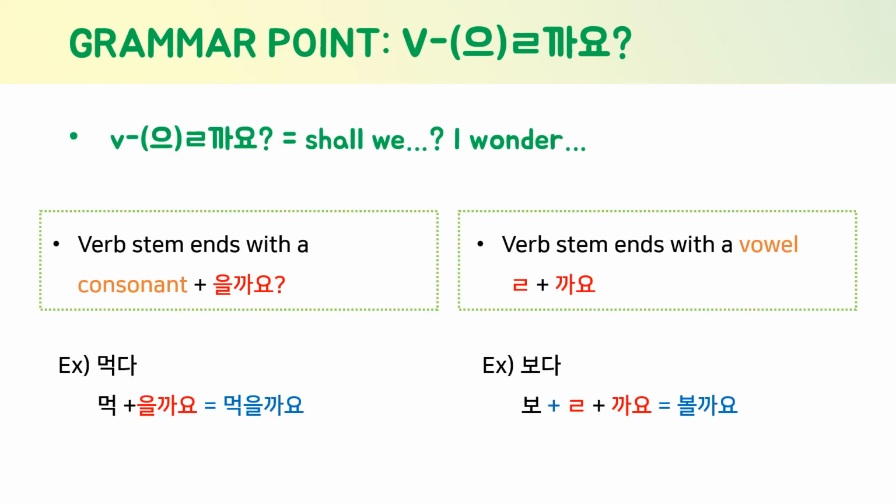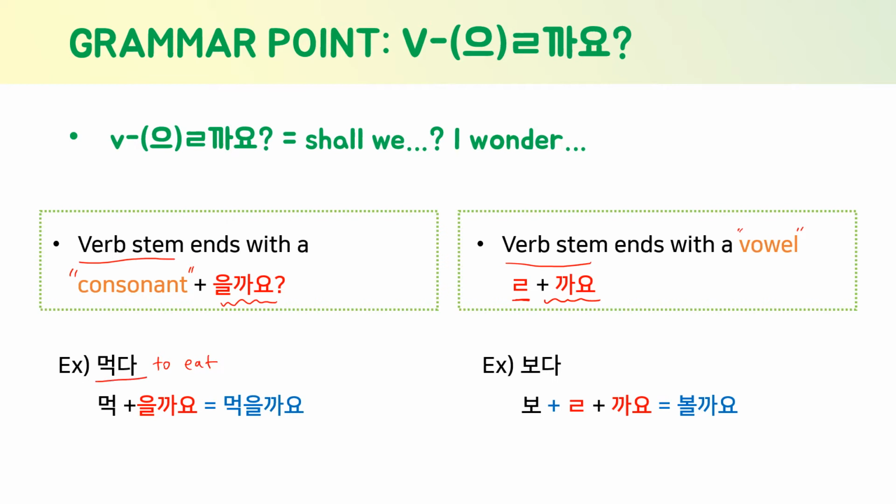Here, let's take a look at the conjugation. If the verb stem ends with a consonant, you add 을까요. But if the verb stem ends with a vowel, you add ㄹ까요. Here, the verb 먹다.